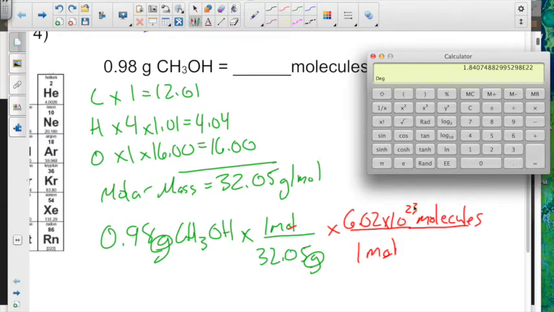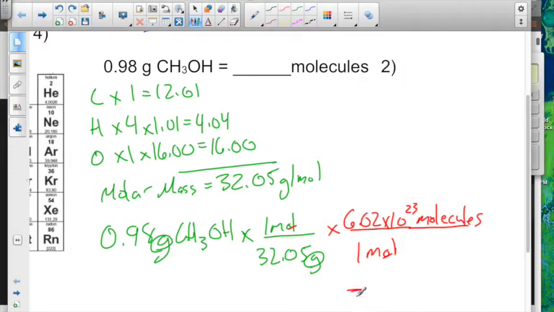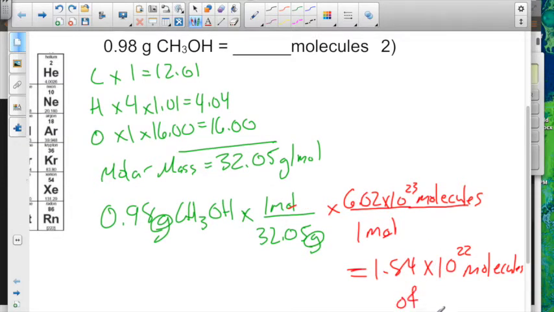And within 0.98 grams of methanol, I will have 1.84 times 10 to the 22 molecules. So let's go back here. We'll have the total answer, 1.84 times 10 to the 22 molecules. I'm running out of space. Molecules of CH3OH.